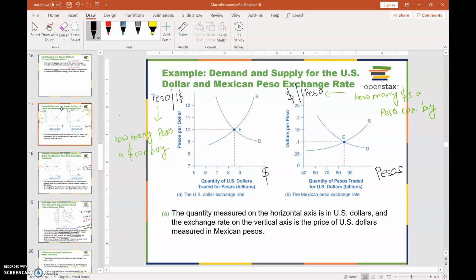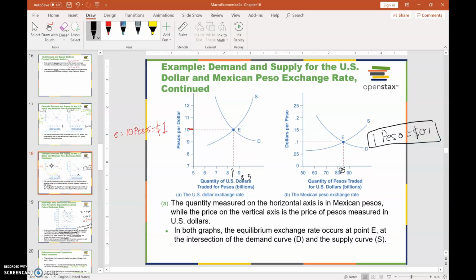In panel B, I have quantity of pesos on the horizontal axis. On the vertical axis, I have dollar per unit of pesos. Panel A and panel B are mirror images of one another.